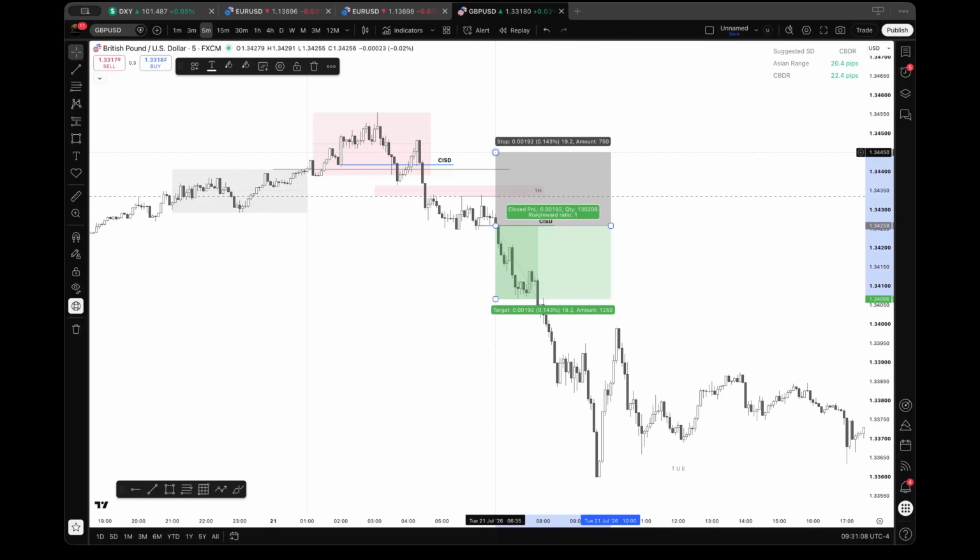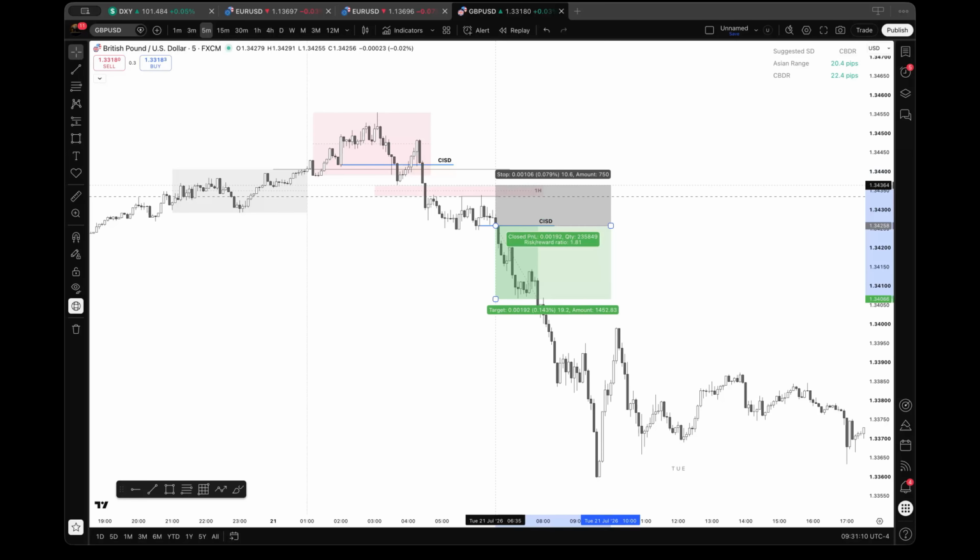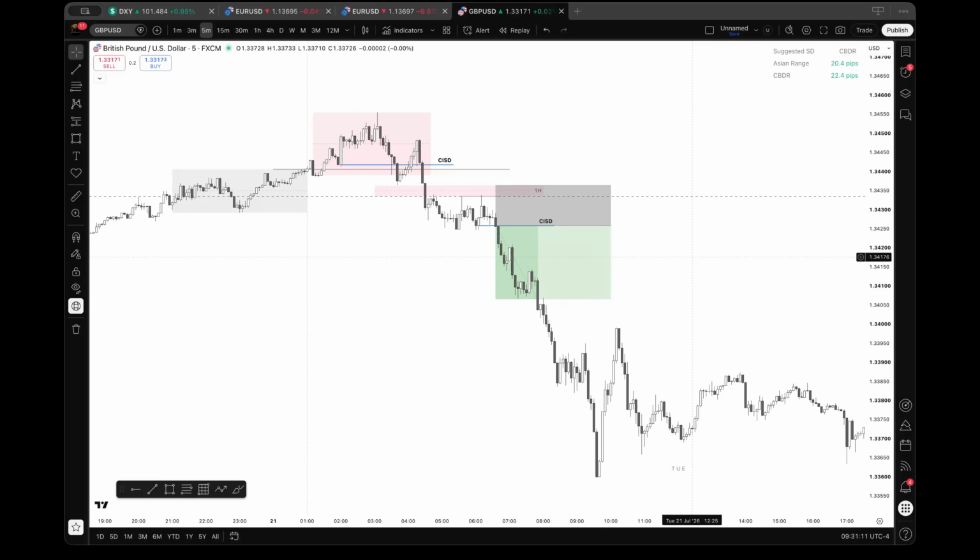We can then put our stop loss at the high of the gap, just in case price does retrace in, which it does sometimes. So let's mark this out. We have an accumulation. Then we have a manipulation, which is this sweep here, very tiny.